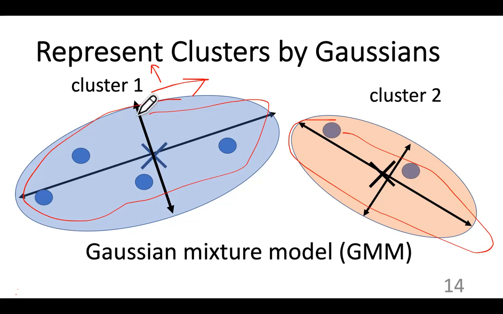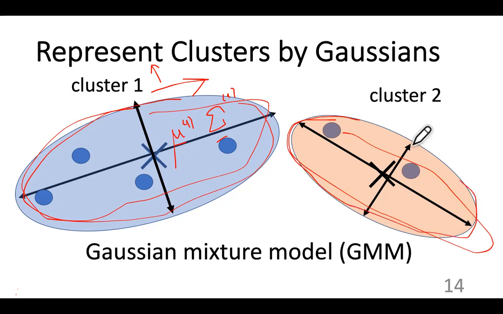If we represent the cluster by a Gaussian distribution, which is characterized by a certain mean vector and covariance matrix, well, it seems natural to choose this mean vector and covariance matrix such that the spread around the mean is minimized. And this is what we do in the update equations for the cluster mean and cluster covariance matrix for each cluster. So we minimize the spread for cluster 1, and then we choose the parameters of cluster 2 to minimize the spread of cluster 2.